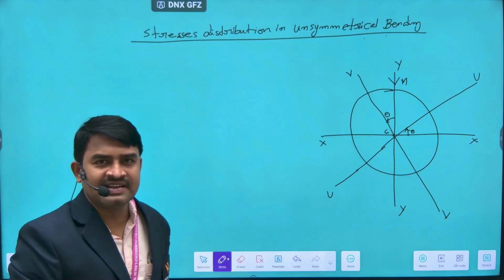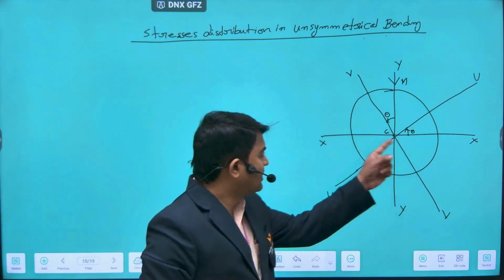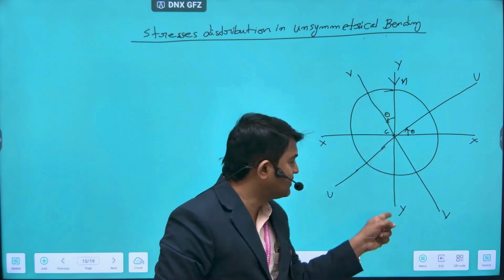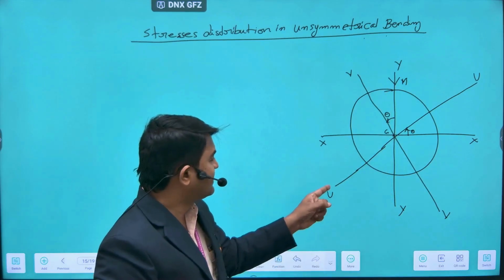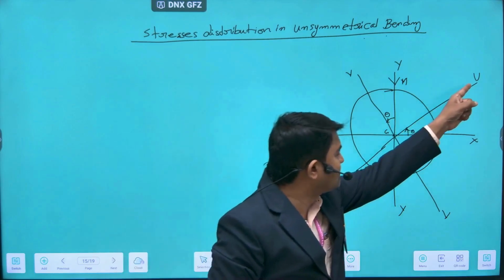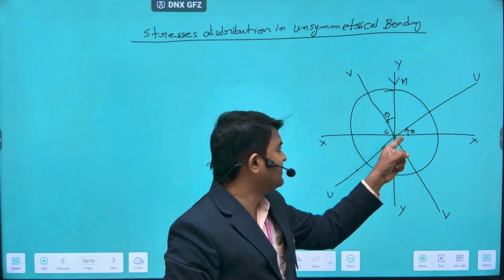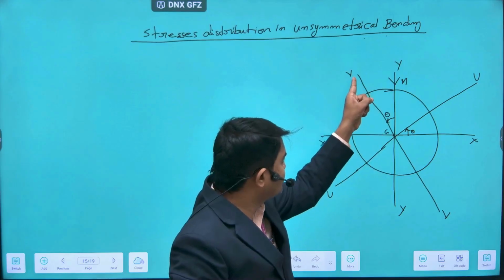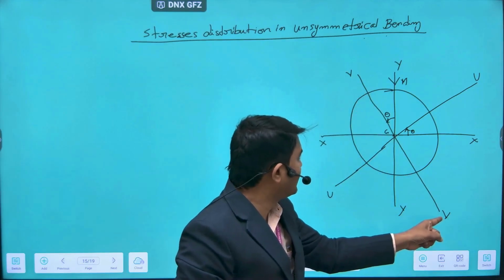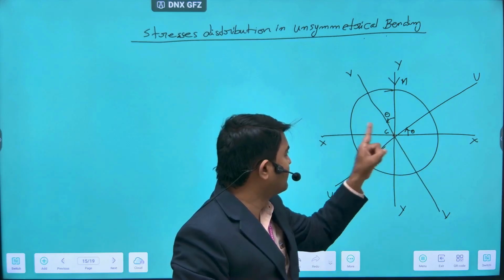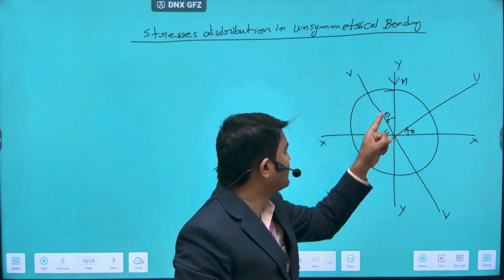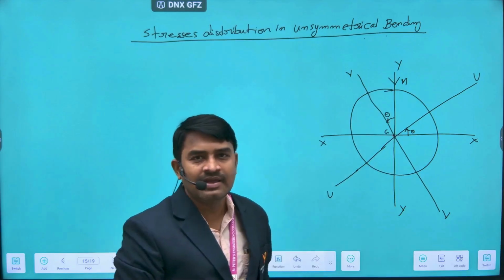So this is the second step. Initially I draw the xx axis and the y coordinate axis. The next step is to draw principal axis uu, making an angle theta with the horizontal axis. Likewise, draw another principal axis, vv, passing through the center of gravity, making an angle theta with the vertical axis y.